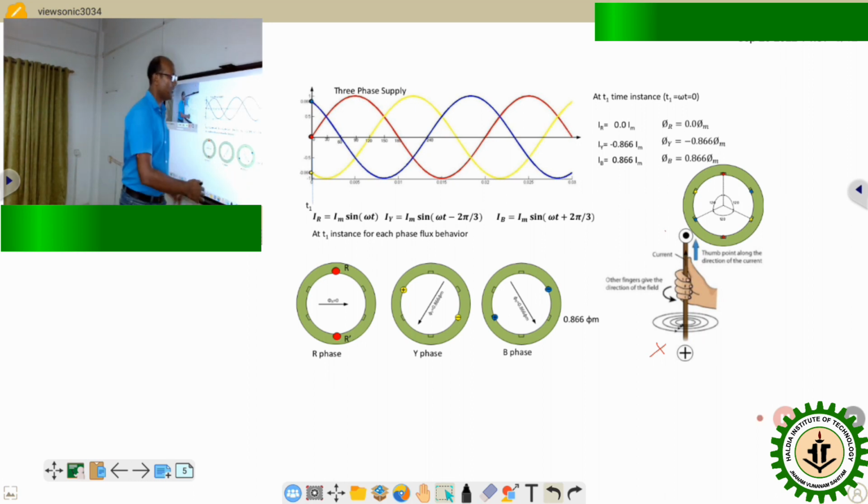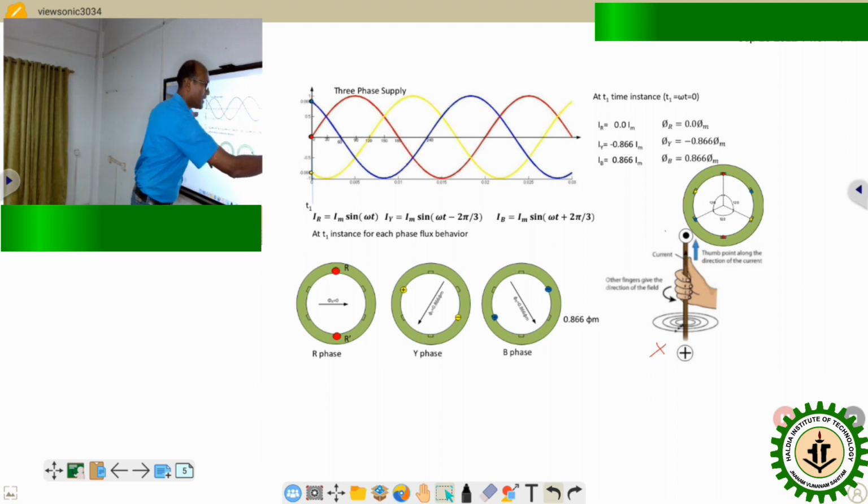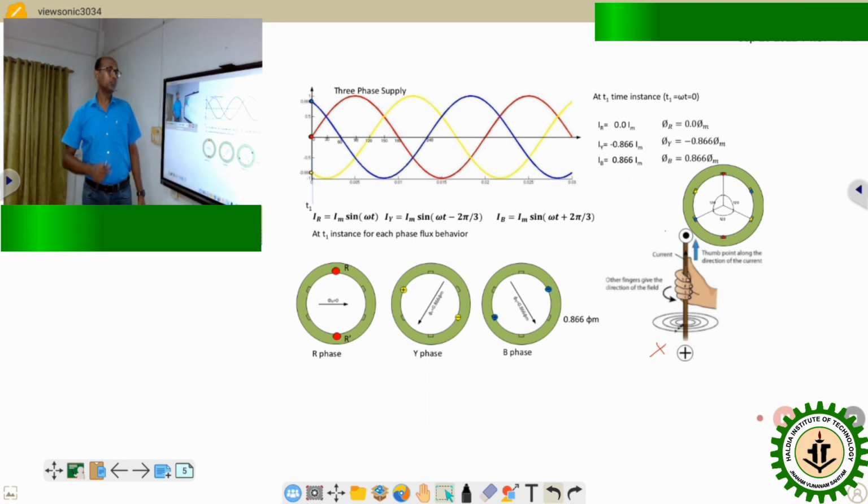With that concept, if we pick our right hand, the direction of the thumb represents the direction of current, and the direction of the other fingers represents the direction of the flux generated due to that current. Using that, we try to find out the amount of flux generated and in which direction.